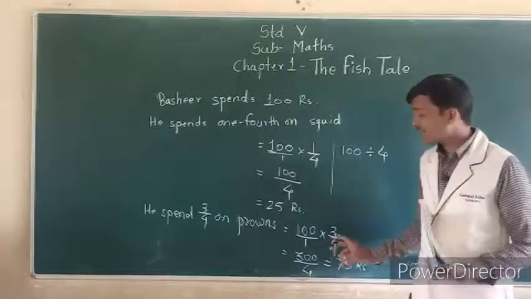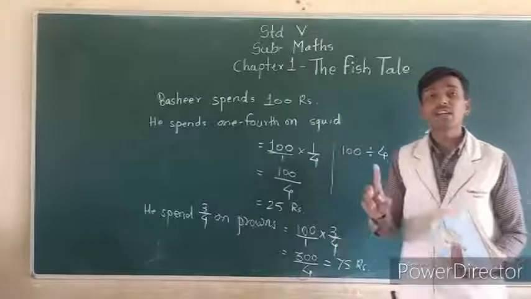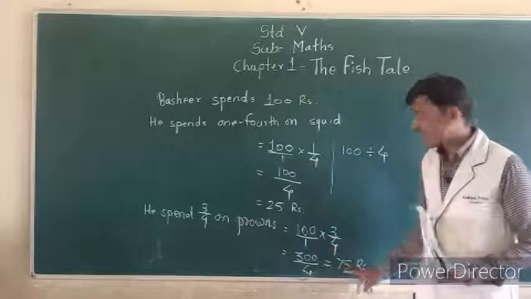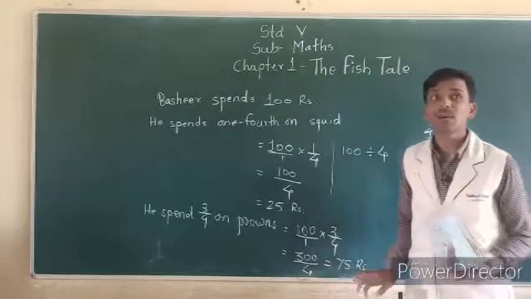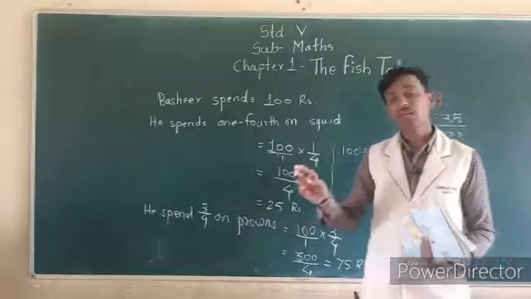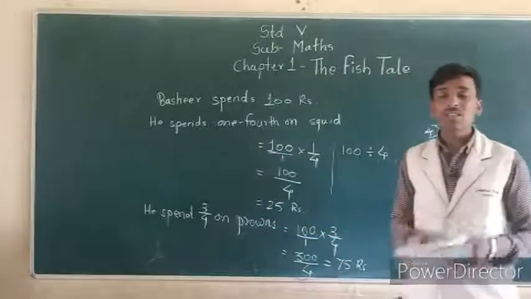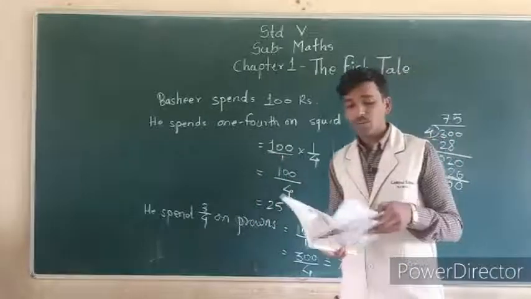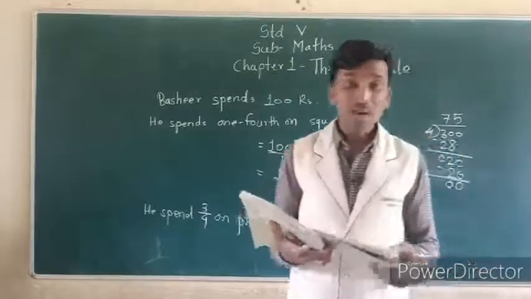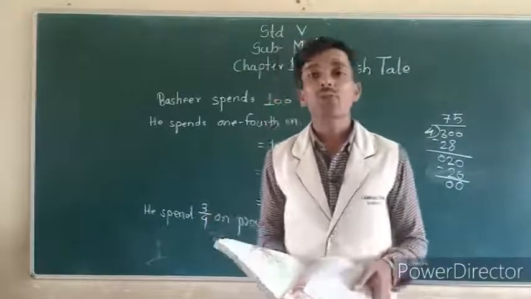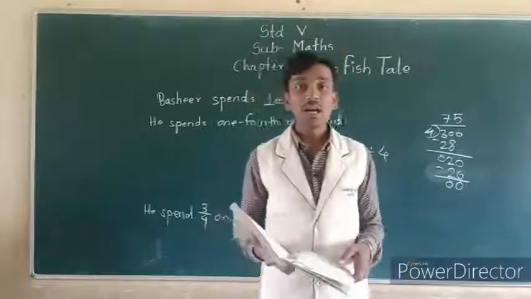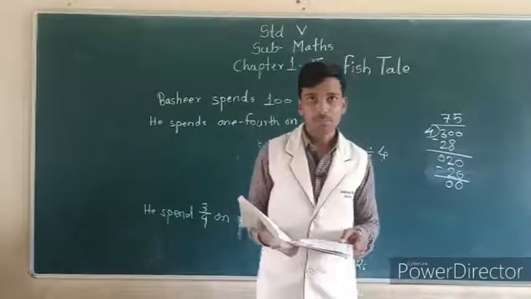Here also same. The rate is 150 and he can spend half, means 75. 75 is the half of 150, means in that 75 rupees he can buy only half kg of prawns.